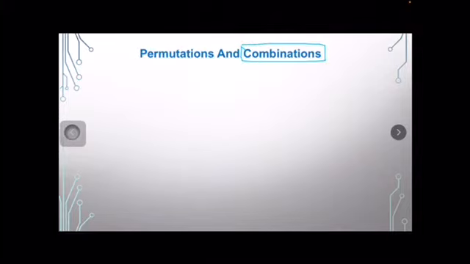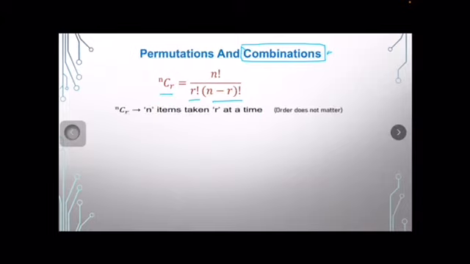Do you know what a combination is and what the formula to calculate it is? Yes, that is nCr, and nCr is equal to n factorial upon r factorial into n minus r factorial. Where nCr is n items taken r at a time, where order doesn't matter. Clear?